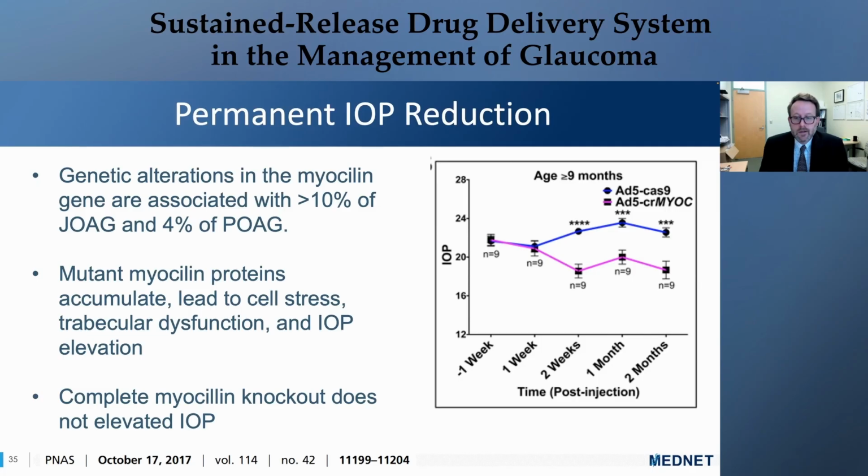Whether and when this comes to clinical use has yet to be determined. But it's another approach besides drug delivery as we begin to understand the genetic contributions towards elevated IOP. The possibility of a personalized approach towards permanent IOP reduction in our eyes is possible.